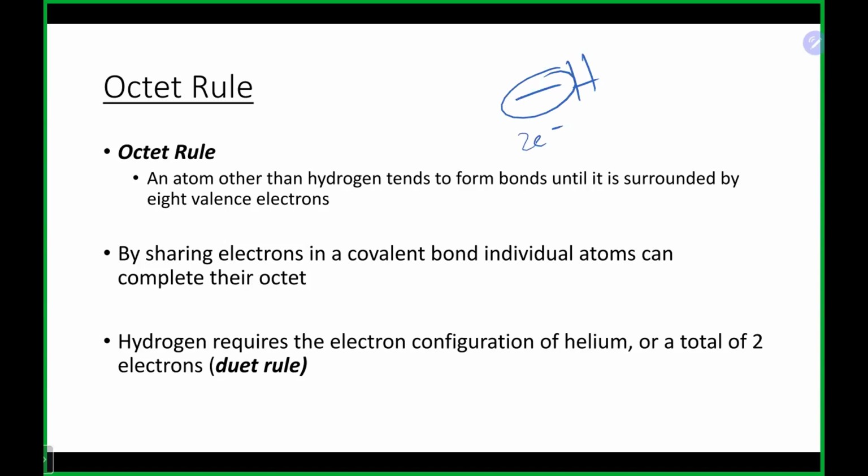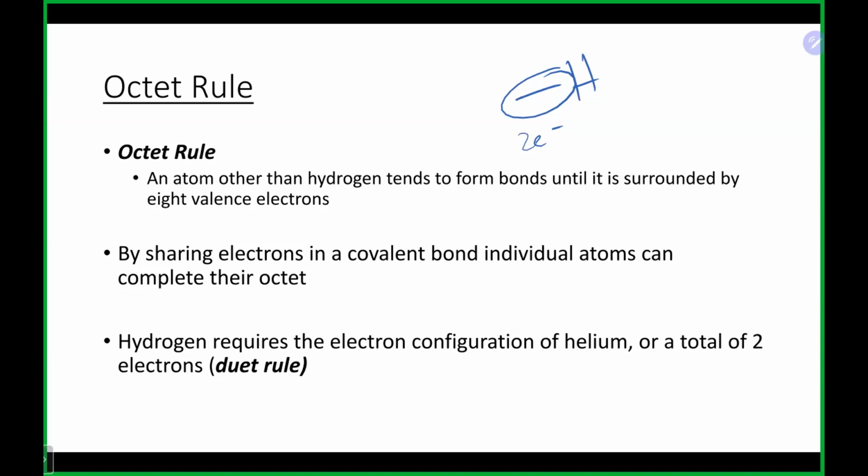Hydrogen should not be triple bonded with dots around it. I'm just saying this because people like to load up hydrogen, just keep on putting stuff on there. It should look like that basically. Again, it should always be on the outside. If you try to put hydrogen in the middle of something, it's going to have too many electrons, right? So you want to keep that in mind as you're going through this and drawing things.